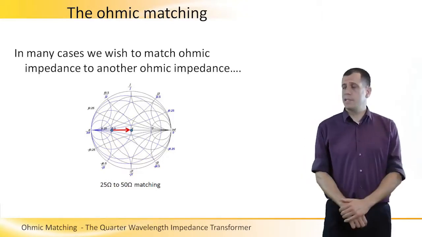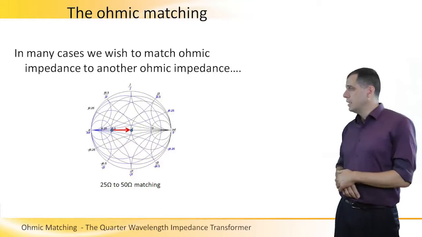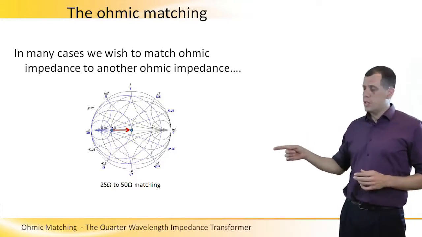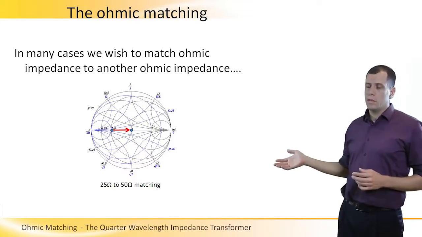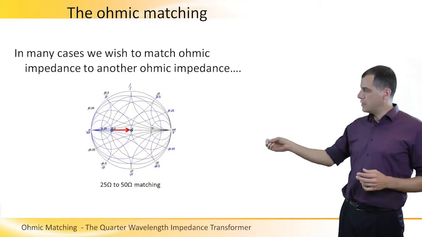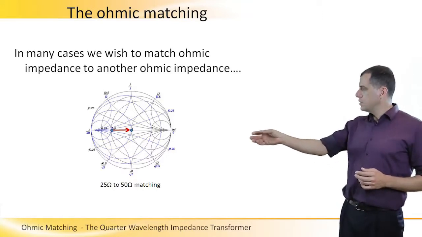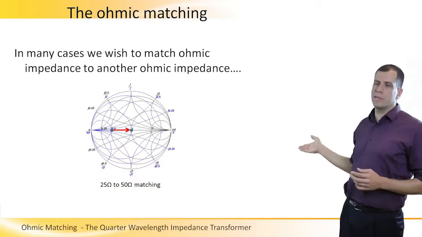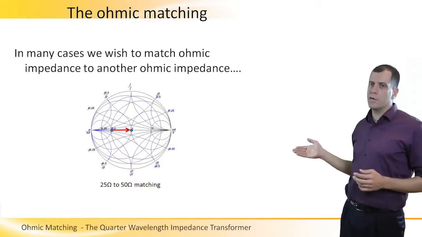Like in this example that you see here in the Smith chart, we try to match 25 ohm to 50 ohm. We are starting from a point that is placed on the horizontal line, and we move along this horizontal line until we meet the 50 ohm.